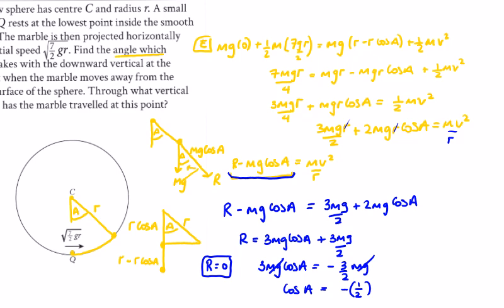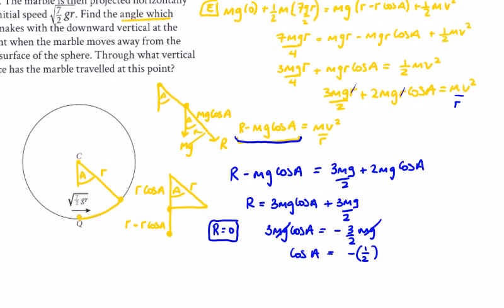And the inverse cos of a half, cos of 60, this will be 120. A will be equal to 120 degrees, so it nearly gets to here, about 60 degrees from the top before it falls off.